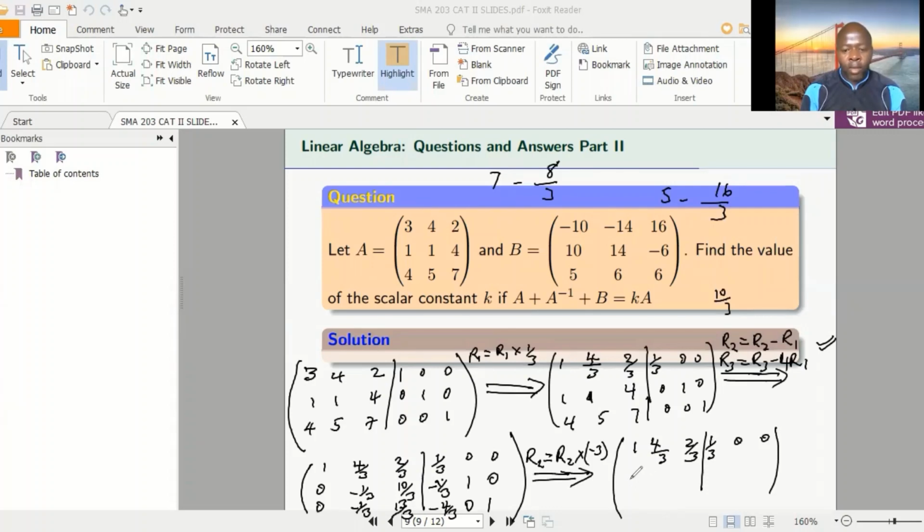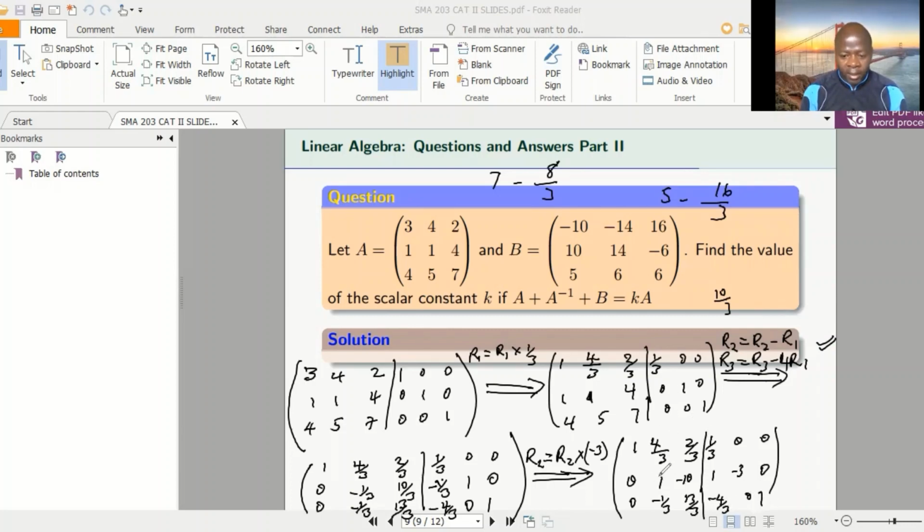And this is the one I multiplied by -3 to get 1, -10, 1, -3, 0. So I just multiply by -3 everywhere. And this one remains where it is, not touched: 0, negative a third, 13 out of 3, -4 out of 3, 0, 1.